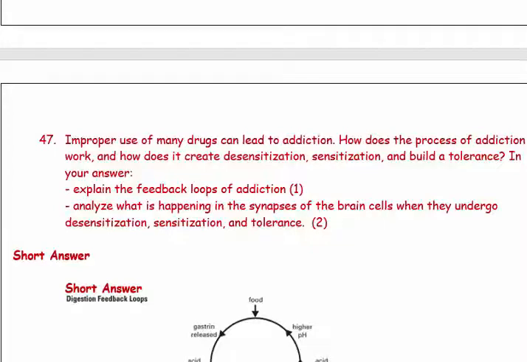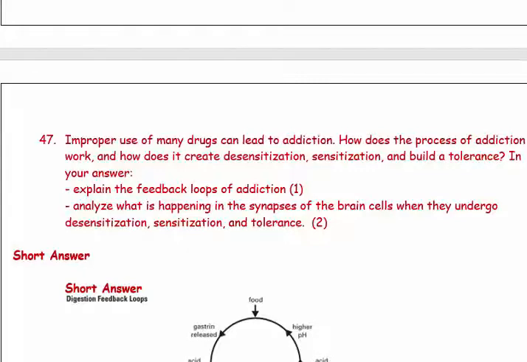So the body is going to adapt to the drug exposure so that a normal amount of impulses will be generated. So in my case, I'm going to take a painkiller, my body is going to calm down. The next day I will need more. Why? Because my body is going to adapt to this drug.